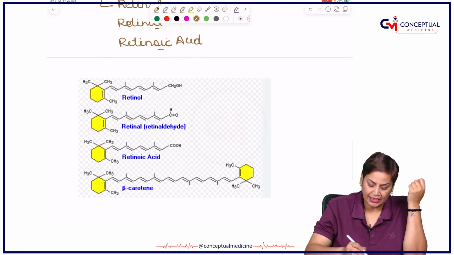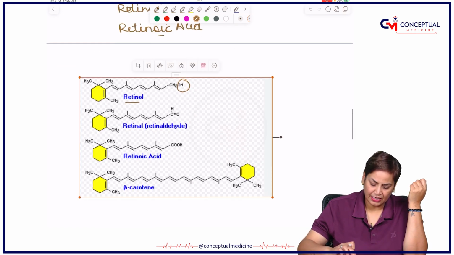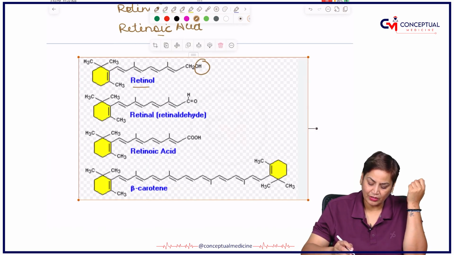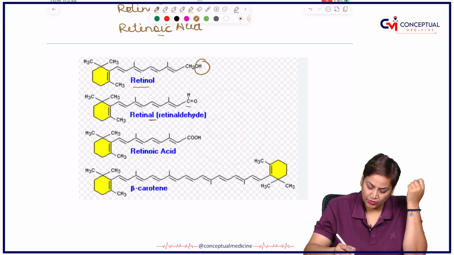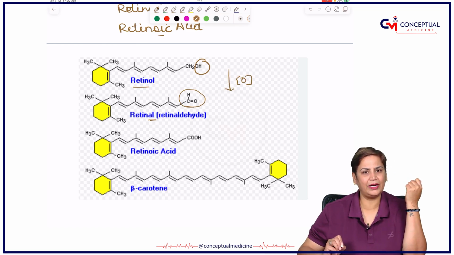If we talk about retinol, you can see that the OH group is there, right? Because retinol means alcohol is there. And if we talk about retinal, retinal means CHO is there. And when retinol undergoes oxidation, it can be converted into retinal.